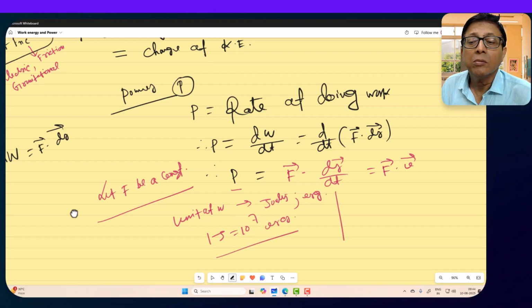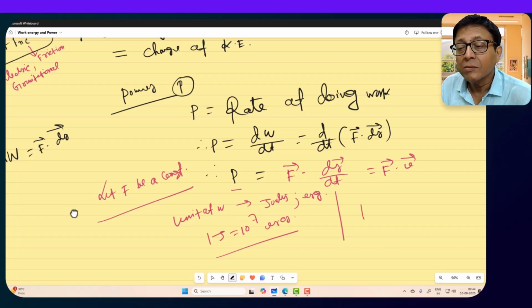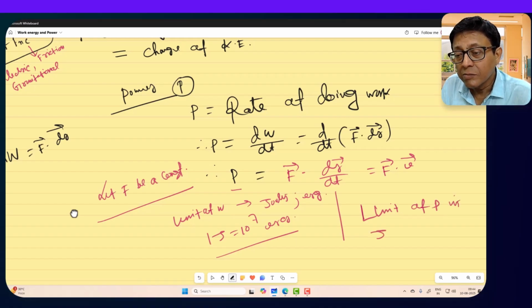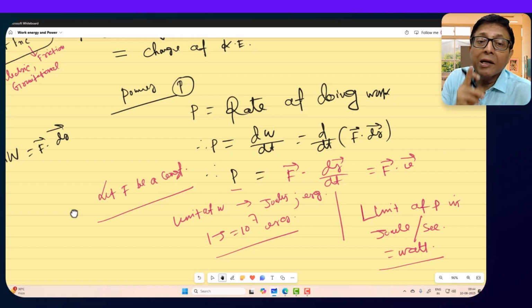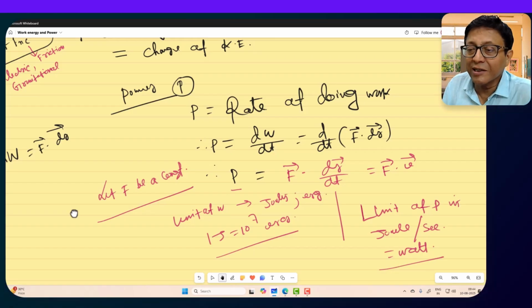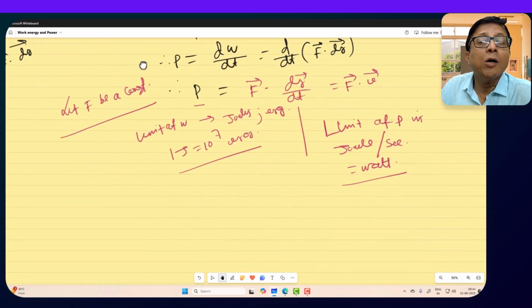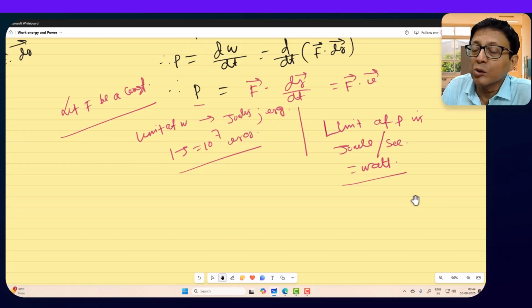That you know. Power is what? Unit of P is joule per second or watt. Power delivered to an object, system of particles, whatever you say, that will be 1 watt if the rate of doing work is 1 joule per second.